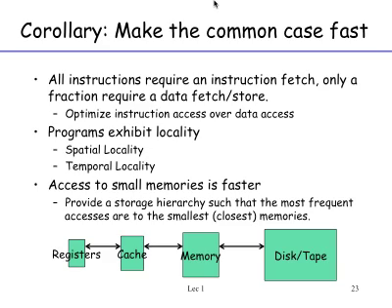One common practice of improving the performance of a processor is to make the common case fast. For example here, all instructions require an instruction fetch. Only a fraction requires a data fetch or store. Makes sense, right?